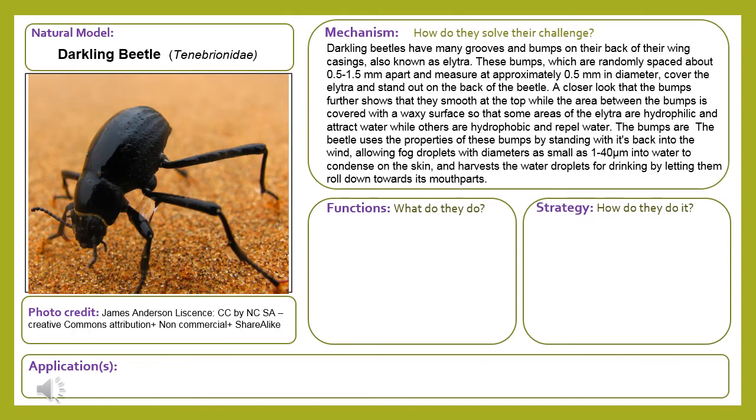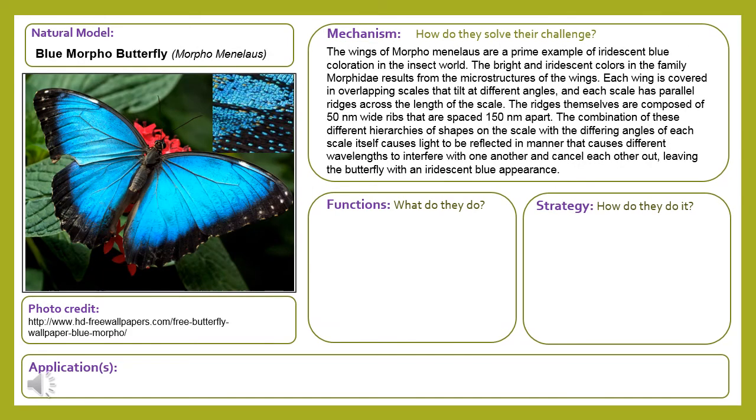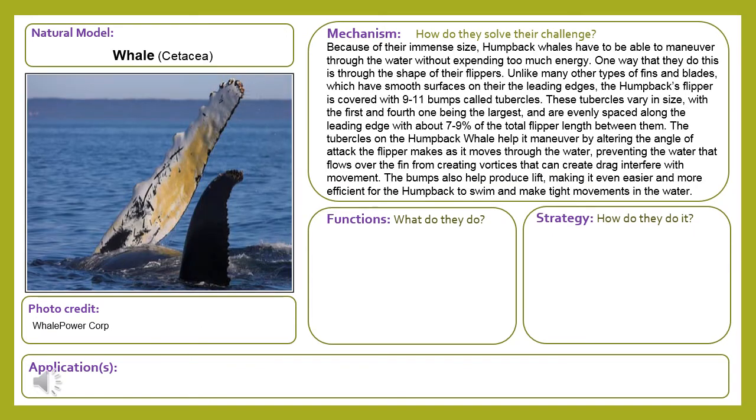Or you could choose to look at the darkling beetle. The Venus flower basket is a beautiful structure to work with. Or learn more about the color of the blue morpho butterfly. The last natural model we have for you to look at is the whale, particularly its fin and form and mechanism.